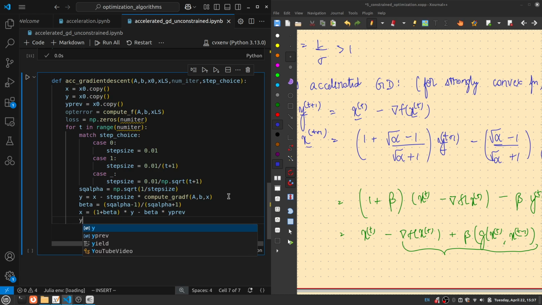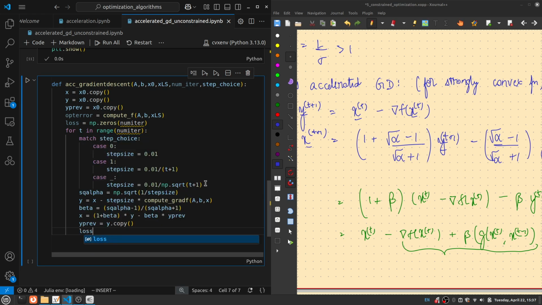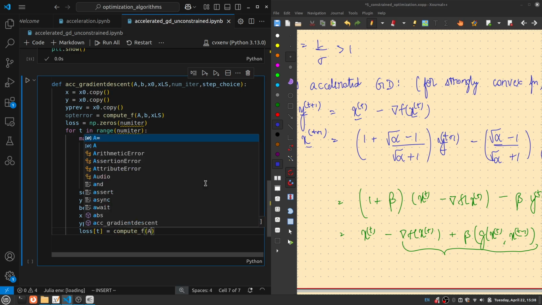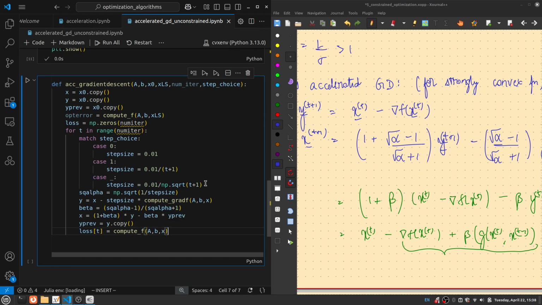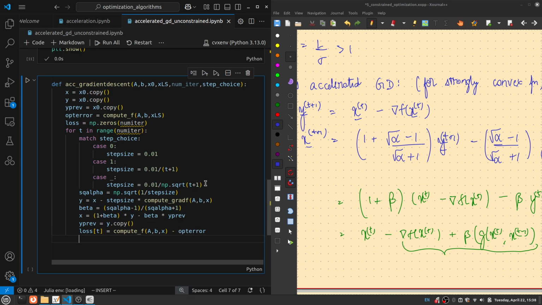I also have to update y previous, and I should also compute the loss, which is the function evaluated at the current x minus optimal error, and I'll just return the loss.